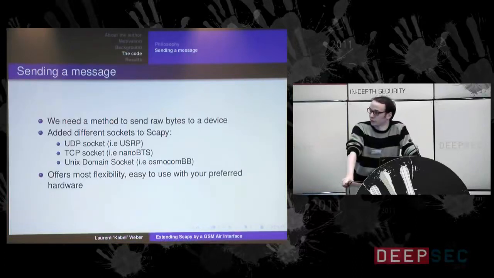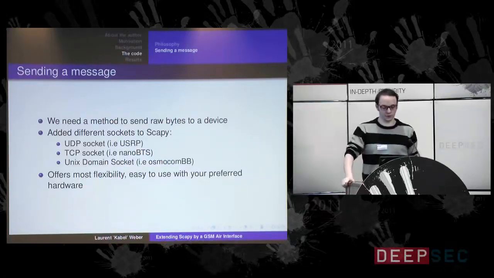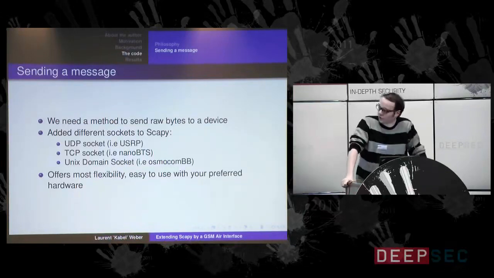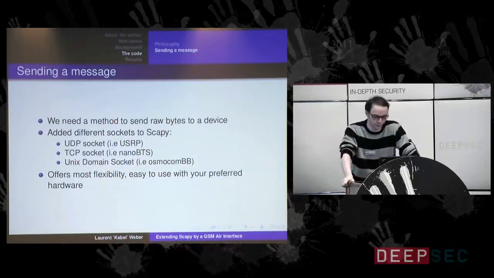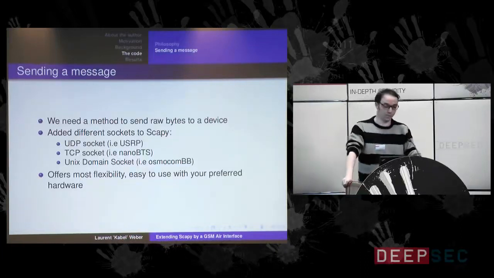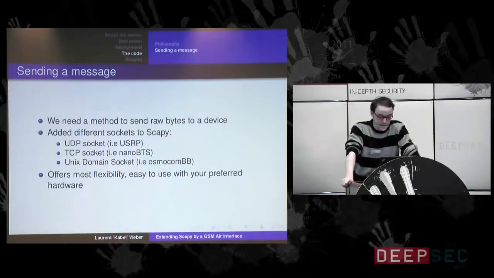My beta tester was using some nanoBTS, so he was using OpenBSC and did some hacks to also be able to inject packets, and he wanted a TCP socket, so I did this at the same time. And the last part I implemented was the Unix domain socket, since I thought it would be ready if somebody has the idea to implement the feature I was discussing a minute ago for Osmocom BB, because they do everything with Unix domain sockets so far.